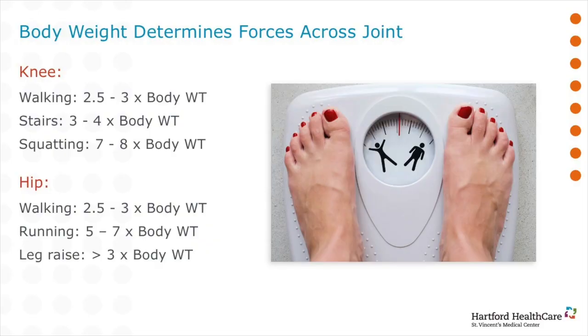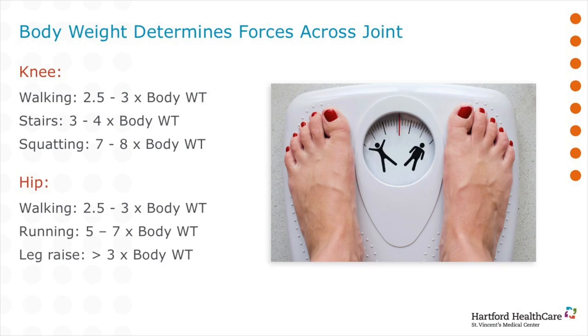Your body weight is one of the most significant factors in controlling pain, disability, and progression of hip or knee arthritis. As you can see by the slide below, the forces across the knee joint are significant depending on the activity you are doing, whether it is running, squatting, climbing stairs, or walking.